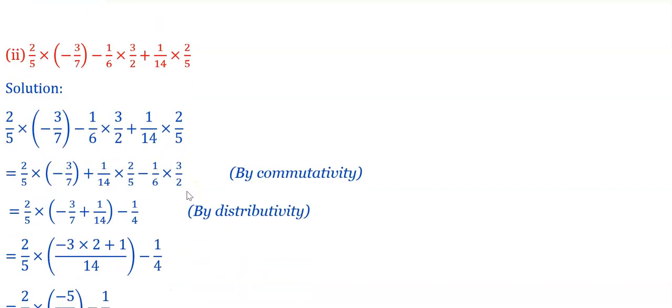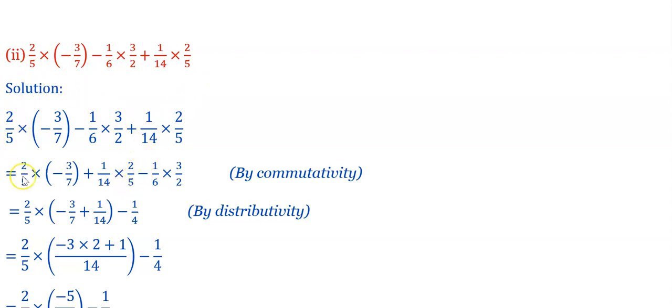Okay. Next, 2 by 5 into, in bracket, minus 3 by 7 minus 1 by 6 into 3 by 2 plus 1 upon 14 into 3 by 5. Now see this expression. Here we have 2 by 5 and 2 by 5, and that's why we'll apply the commutative property.